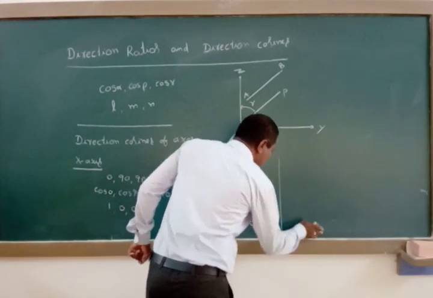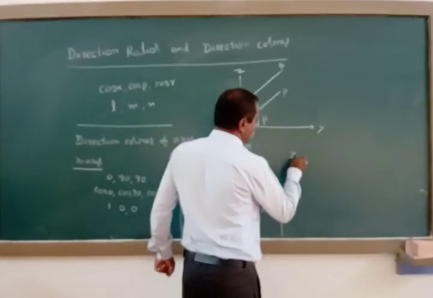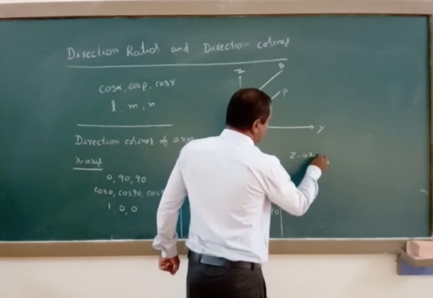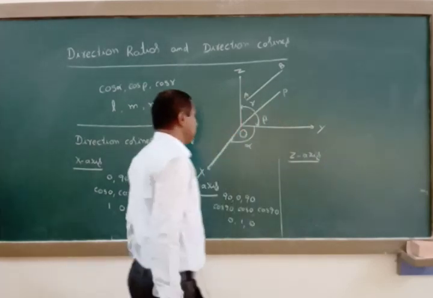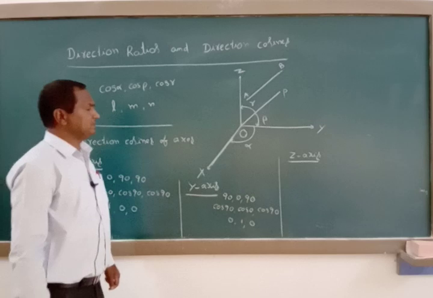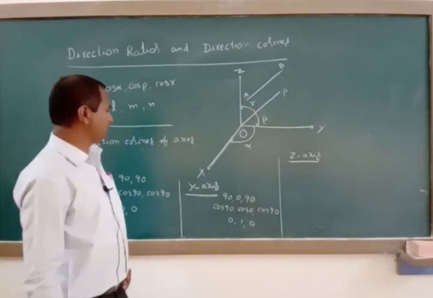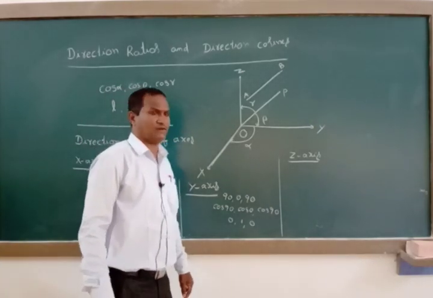Next is the z-axis. The angle with the z-axis itself is 0, and it is perpendicular to the remaining axes x and y.